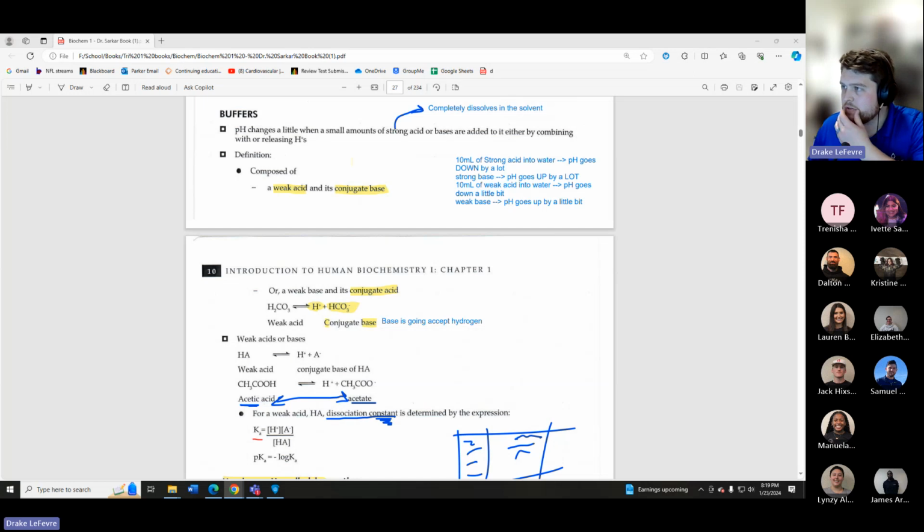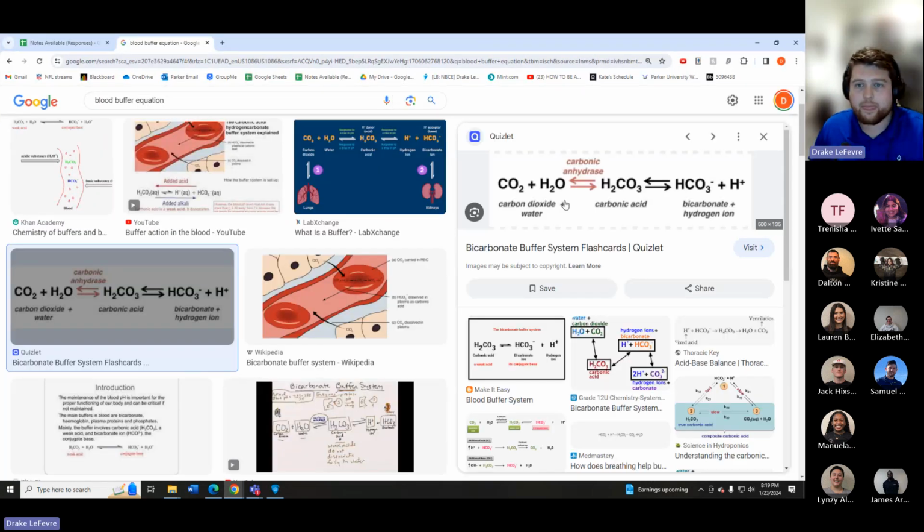It's a little bit more drawn out here, but it's called our bicarbonate buffer system. This is how our body gets rid of CO2, through this buffer system. So it's a way to maintain and balance pH inside of a solution.